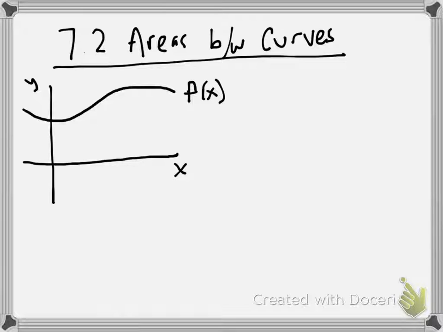And if we have another function, let's say looking like this, we're going to call g of x. And let's say we were going to try and find the area between A and B on the x-axis.